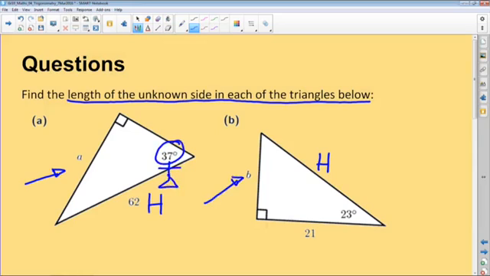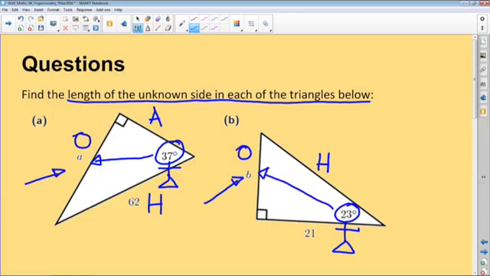The reason I know it's important is because there's actually an angle written there, so it makes sense for me to draw it there. Now, if I'm looking across the triangle, this side is opposite and this side is adjacent. And over here, if I'm looking across the triangle, this side is opposite and this side is adjacent.